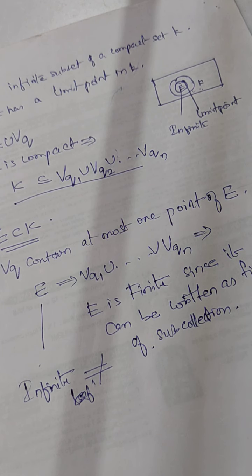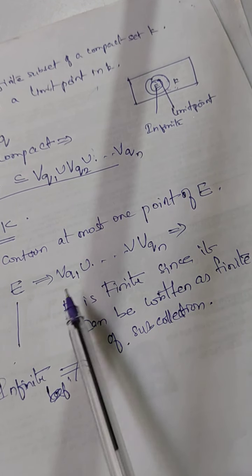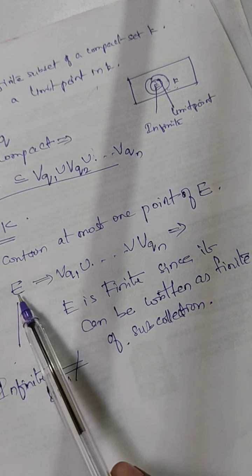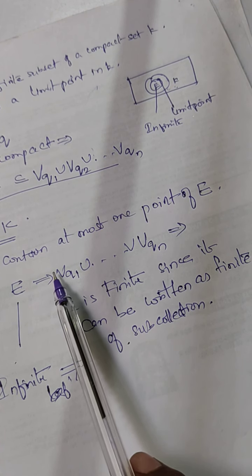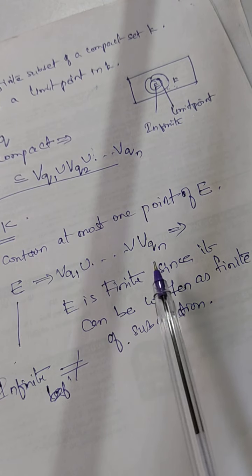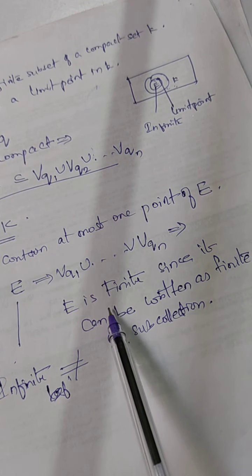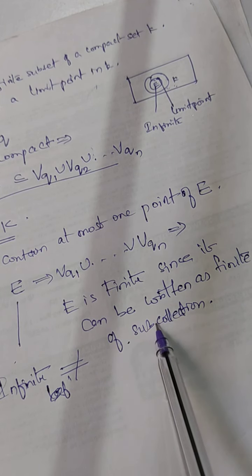Actually there is a big confusion here. If E is infinite, then how come E can be written as a union of finite subcollections?